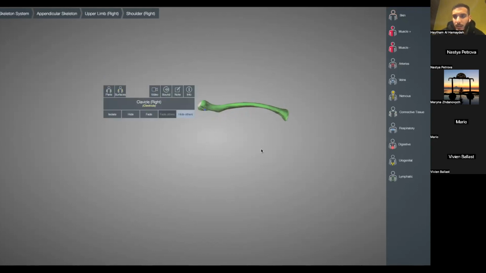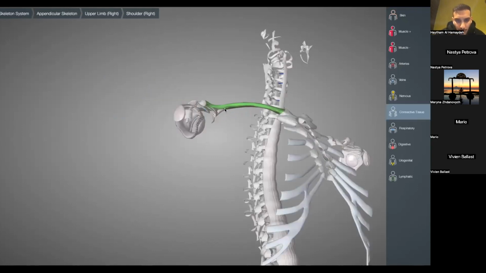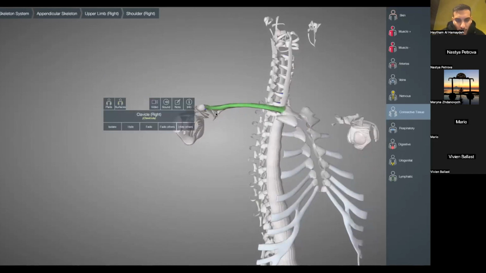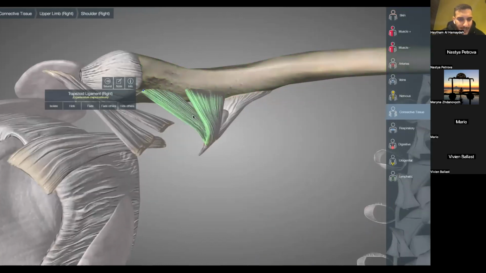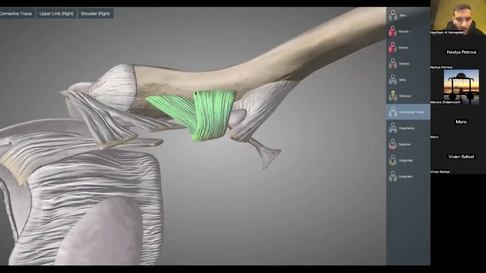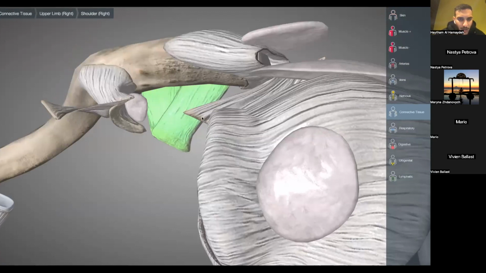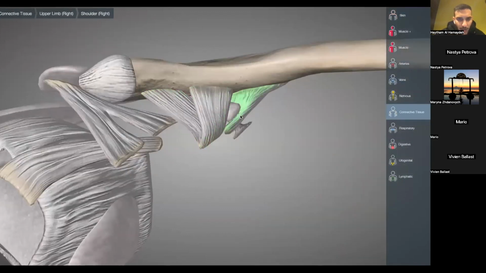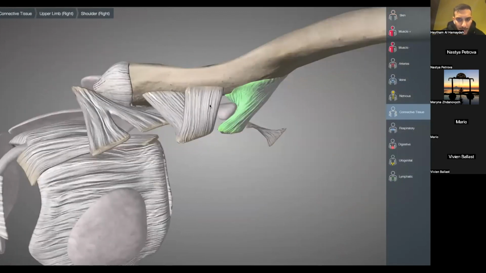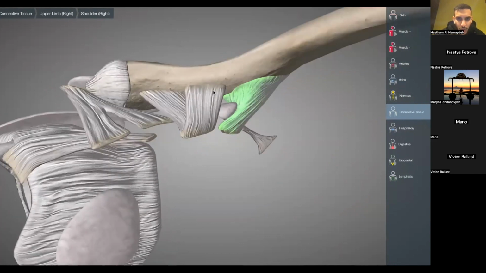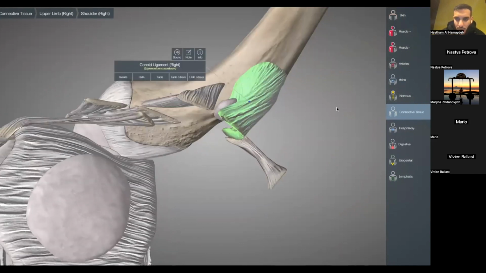Because I'm curious. There, see, conoid tubercle. That's trapezoid. Yes. That's why it's called conoid tubercle. See? Because of this ligament.